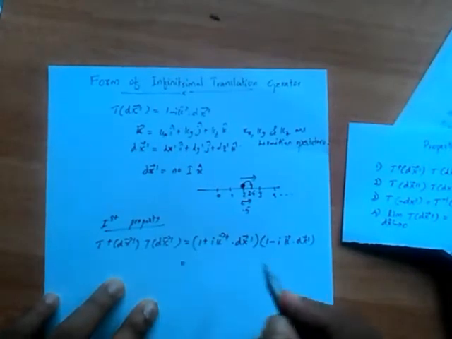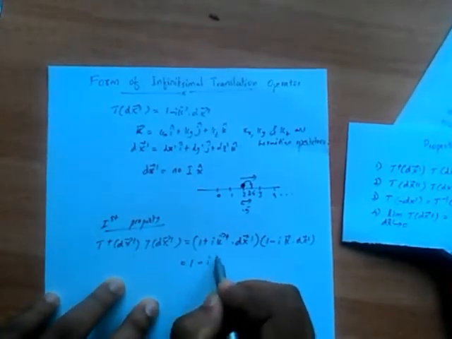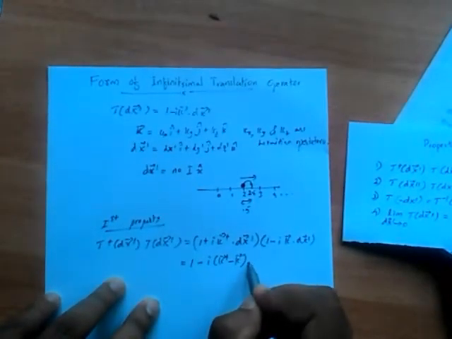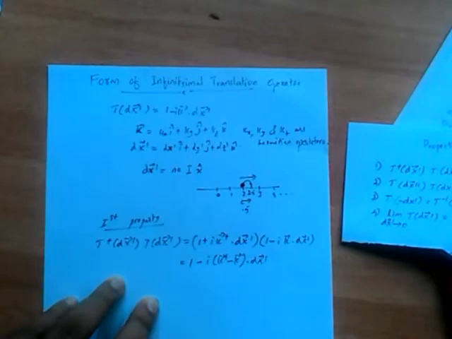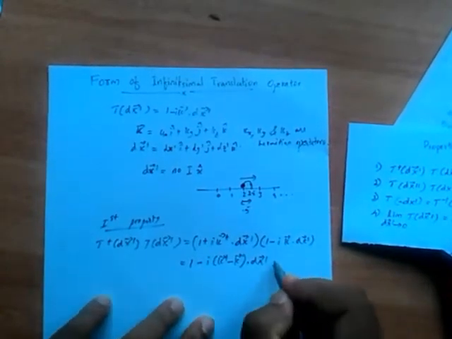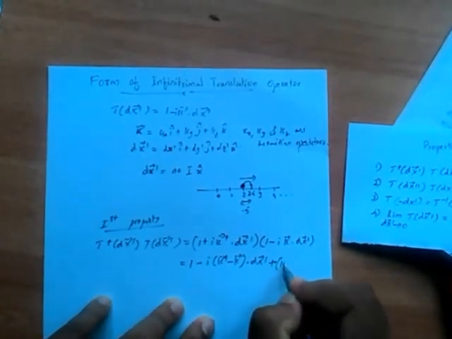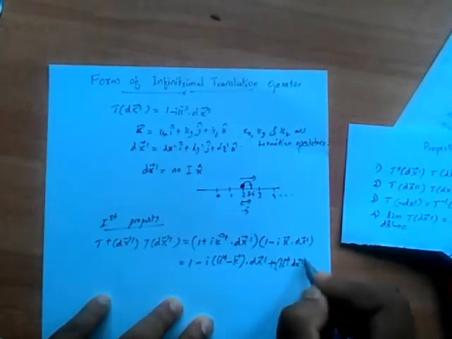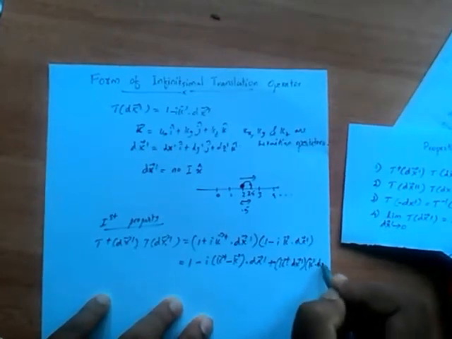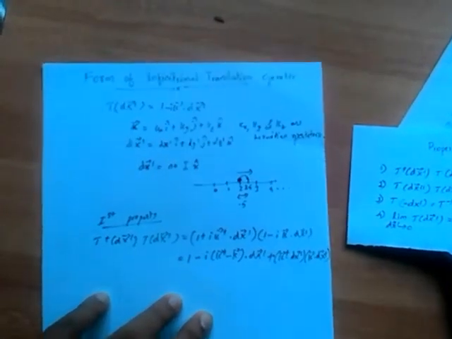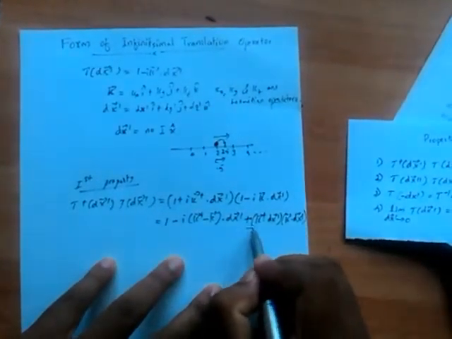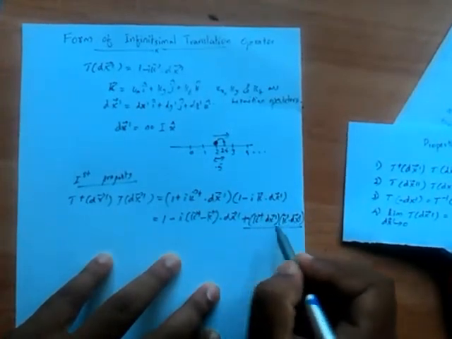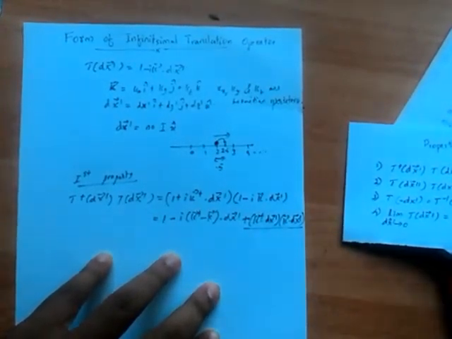This is equal to 1 - i(k dagger - k) · dx' + (k dagger · dx')(k · dx'). Listen, this last term is k dagger · dx' into k · dx'. This is a scalar product, and this is also another scalar product.